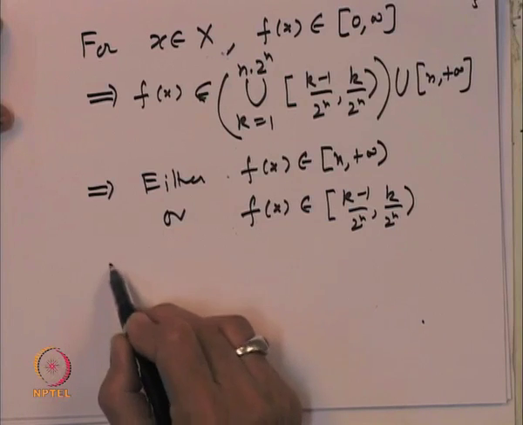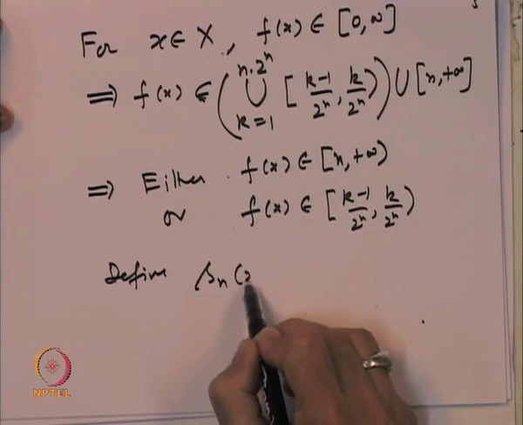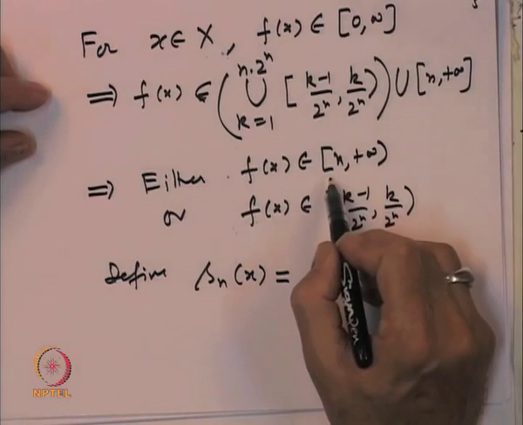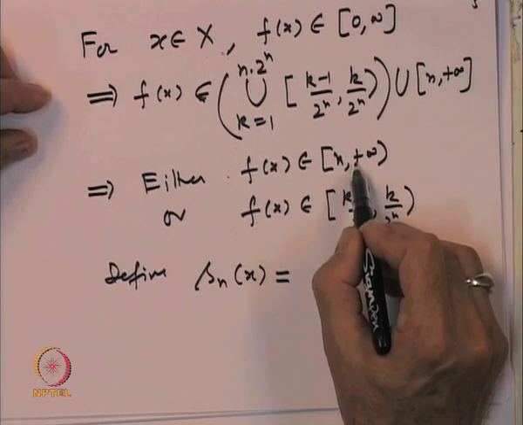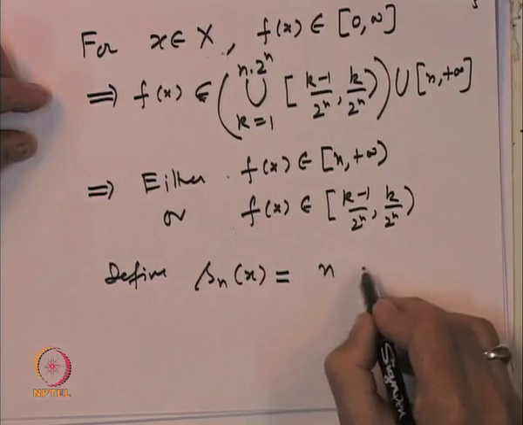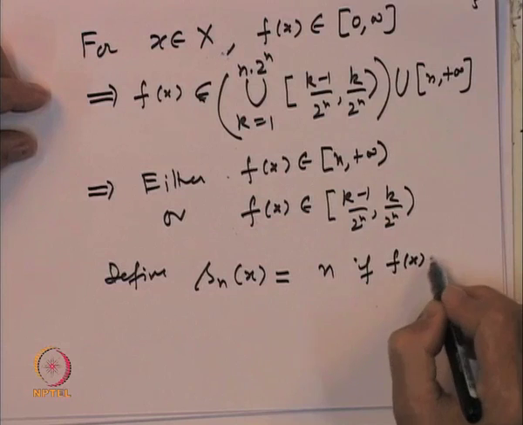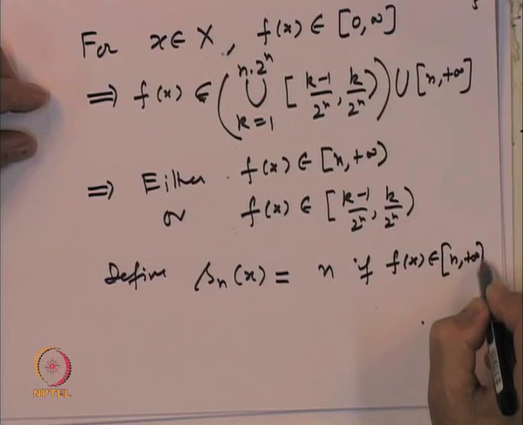So, define S n of x. What should be the value of it? If f of x is bigger than n, then let us keep the value equal to n, if f of x belongs to n to plus infinity.